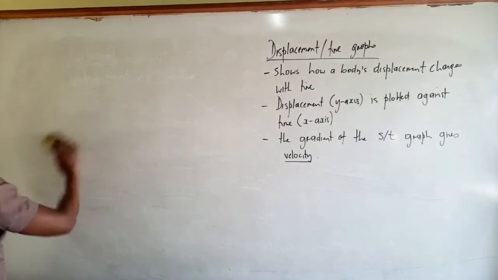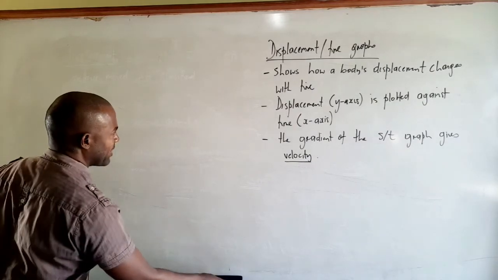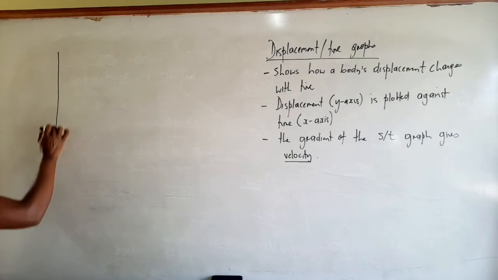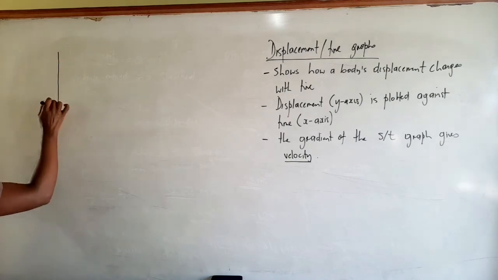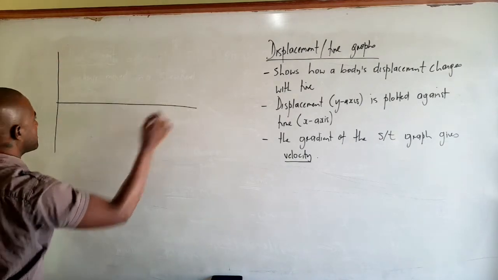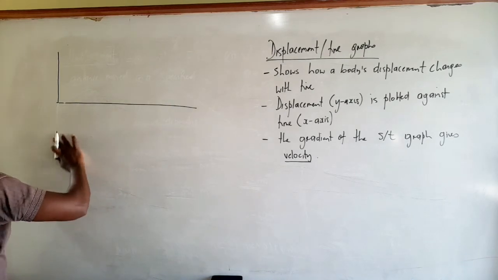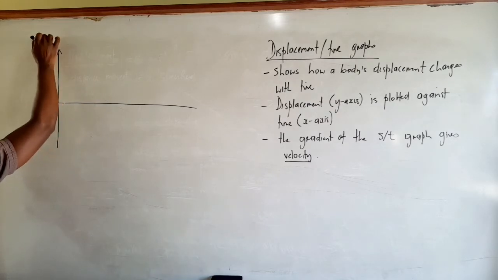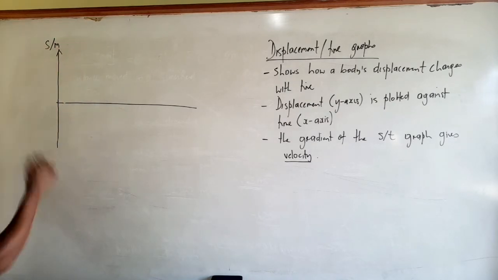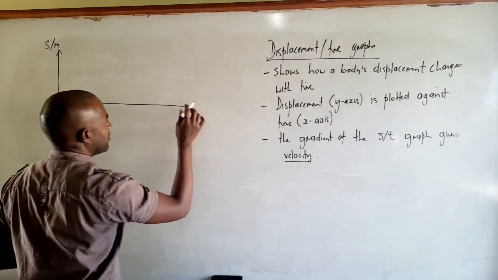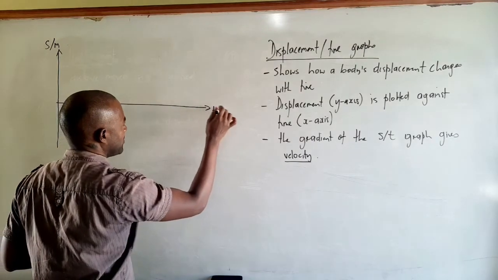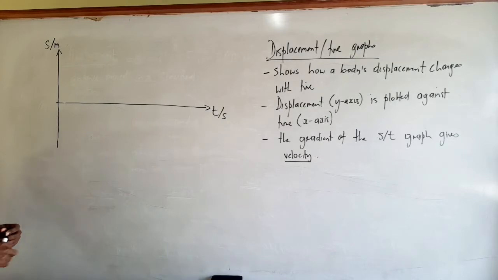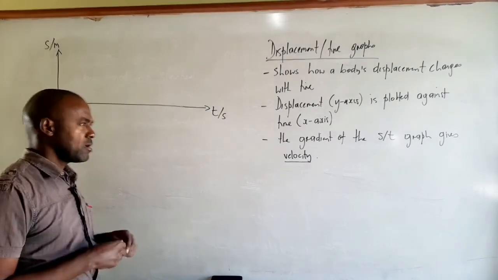So let's examine a few displacement time graphs. On this axis you have the displacement typically in meters, and on the x-axis we have the time typically in seconds. All right? So we look at a few graphs.